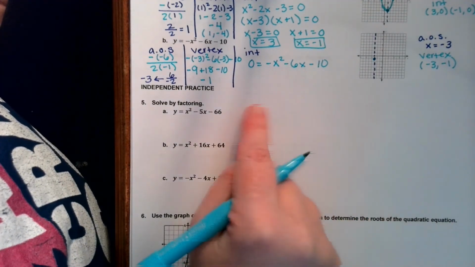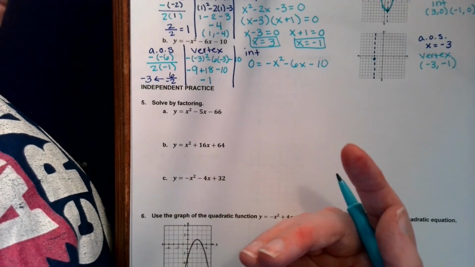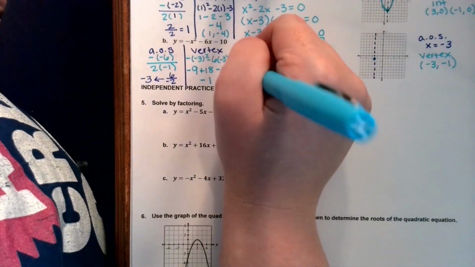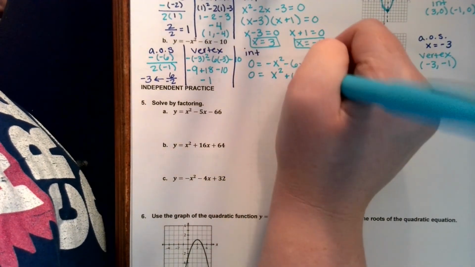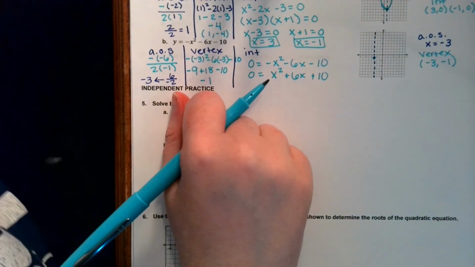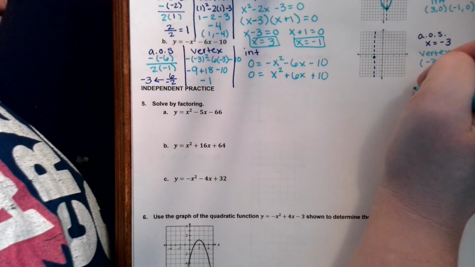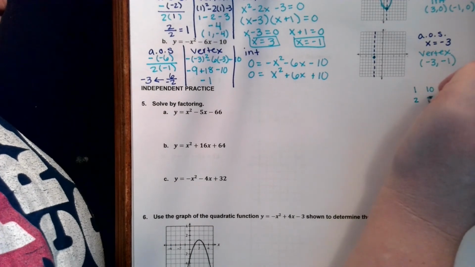Okay, let's factor out the negative 1 and divide, so we can cancel out all the negatives. We can say 0 equals x squared plus 6x plus 10. Basically, I divide everything by negative 1. So I need numbers that multiply to give me 10. The only numbers that multiply to give me 10 are 1 and 10 and 2 and 5.